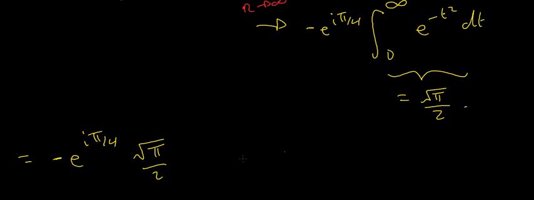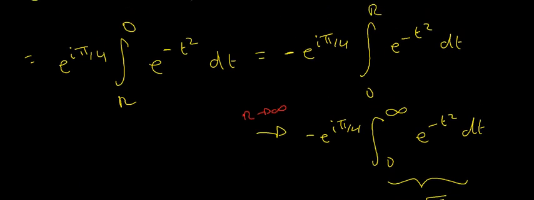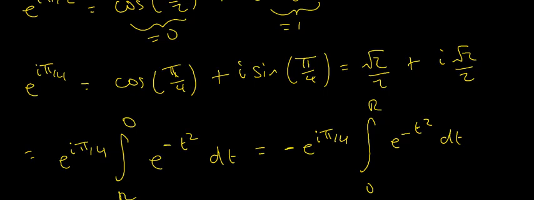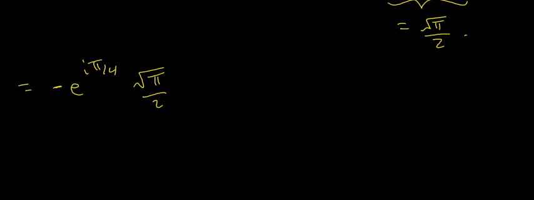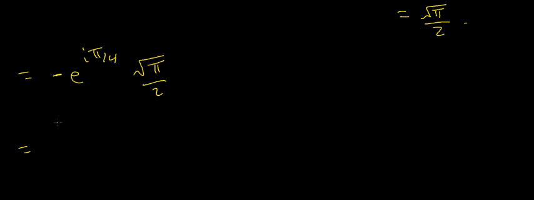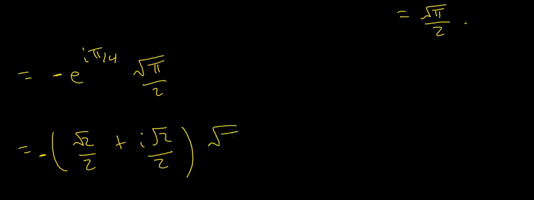And if I now plug in what e to the i pi over 4 is equal to, it's root 2 over 2 plus i root 2 over 2. And that's going to give me minus root 2 over 2 plus i root 2 over 2 times root pi over 2.